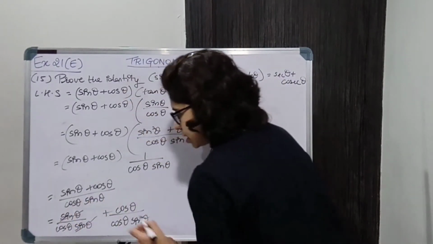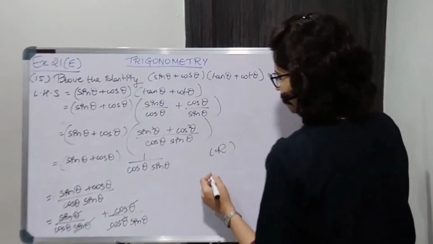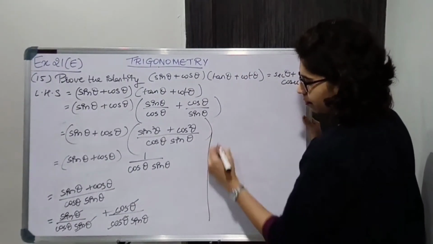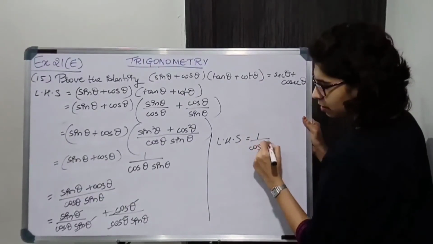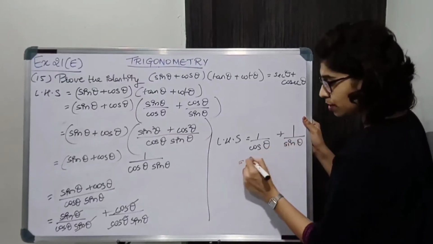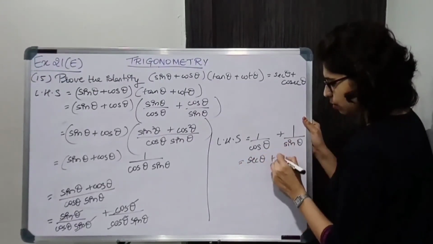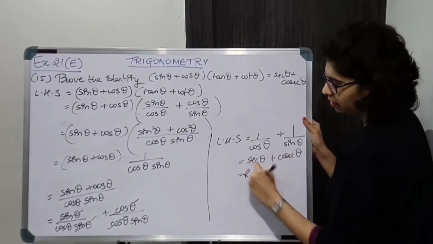Sin theta gets cancelled, cos theta gets cancelled. We are left with 1 upon cos theta plus 1 upon sin theta. 1 upon cos is nothing but sec theta and 1 upon sin is cosec theta. This is equal to the RHS.